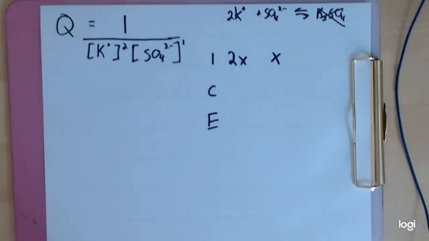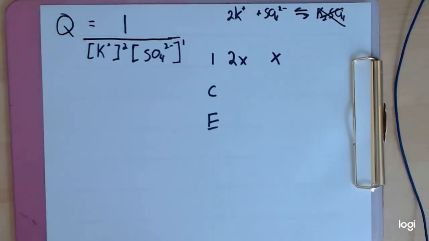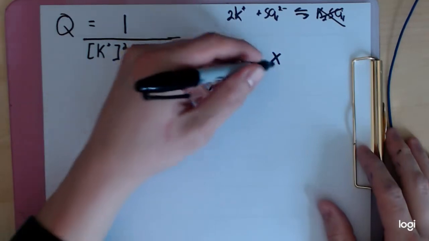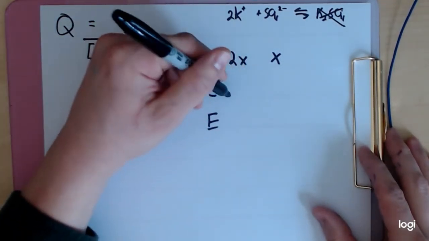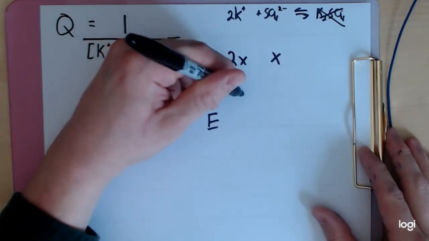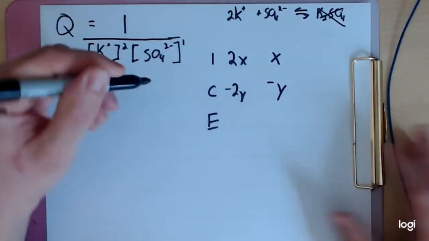Okay, now as the water evaporates, we don't know how much potassium is precipitated out of solution because we don't know the starting concentrations. It wasn't given to us. But again, we know that for any change in sulfate, we have to have twice the change in potassium. So again, we can just write the change as negative 2y, and the change in sulfate as negative y.